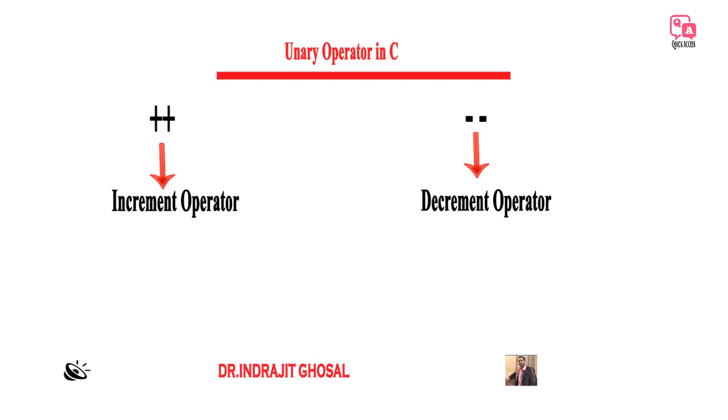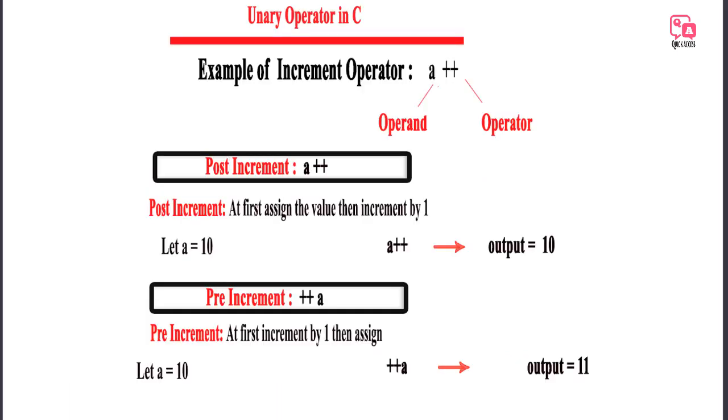I'm telling one thing, in a unary operator it is very important that one operand should be there and the next one should be the operator. Like I'm giving an example, A plus plus. So plus plus is an increment operator, or we can say unary operator.